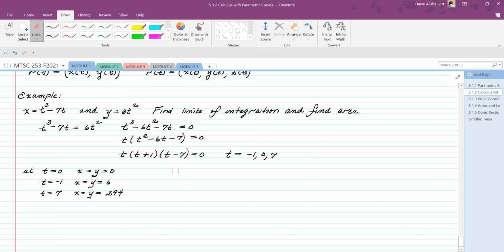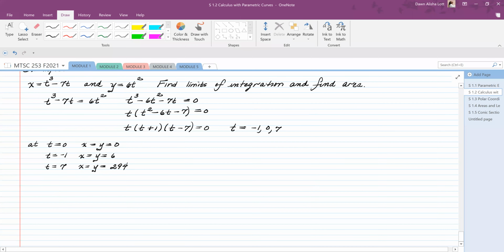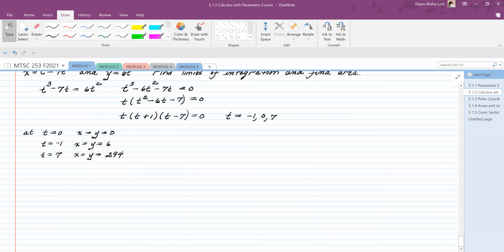I can't really see how to do it without graphing at this moment.